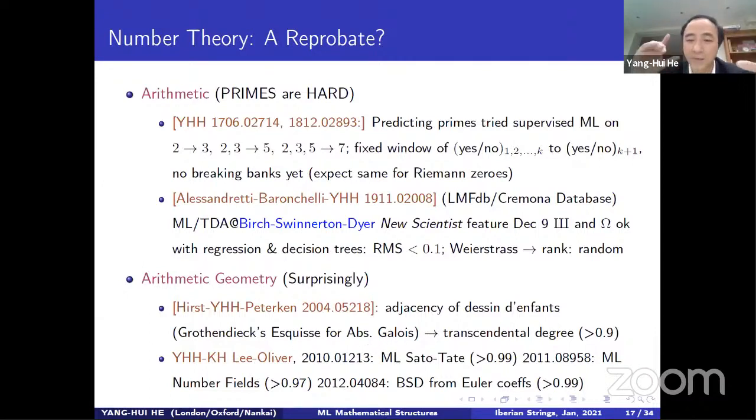So this is a class of problems where, basically, the Riemann hypothesis is in this class of number theory problems, but things like Fermat's last theorem is in this class of problems. So there, if you try to learn simple problems like properties of arithmetic curves, if I give you an elliptic curve defined over some number field, and I want to know, can you tell me what the rank of this elliptic curve is? What are properties of this L function?